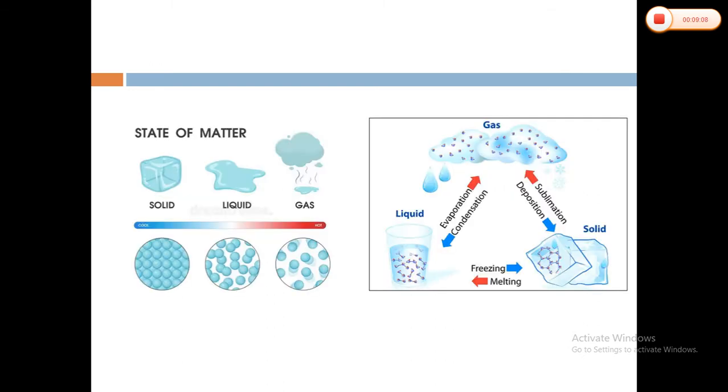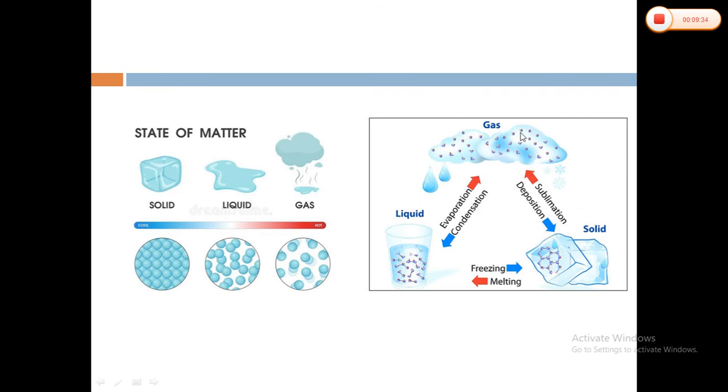So this is a pictorial depiction of states of matter. It can be either solid, liquid, or gas. This liquid can be converted into gas by evaporation. Gas can be converted back into liquid by condensation.